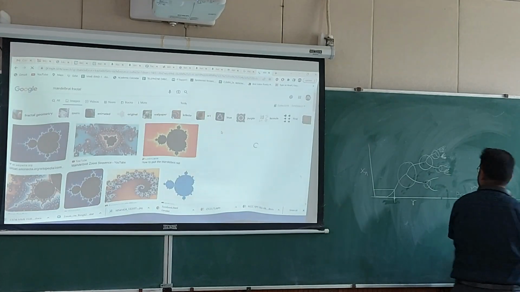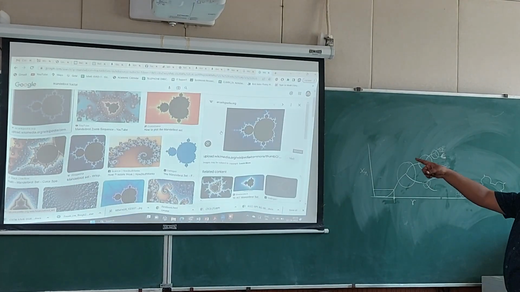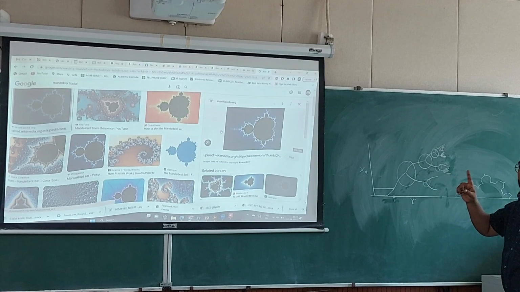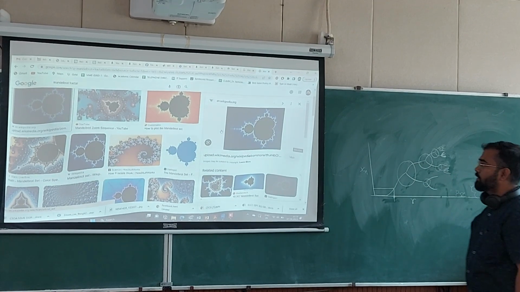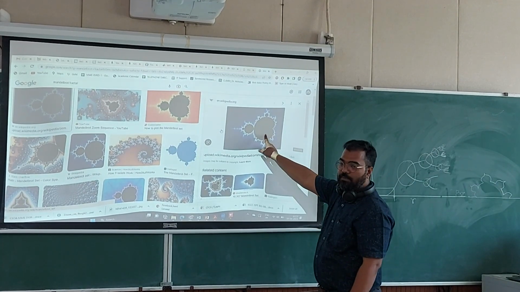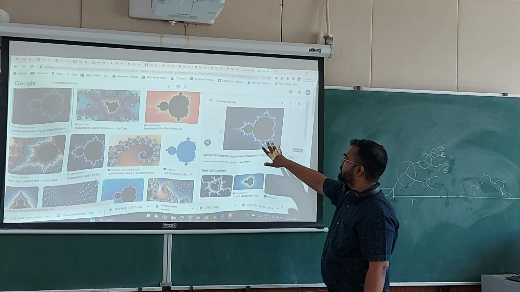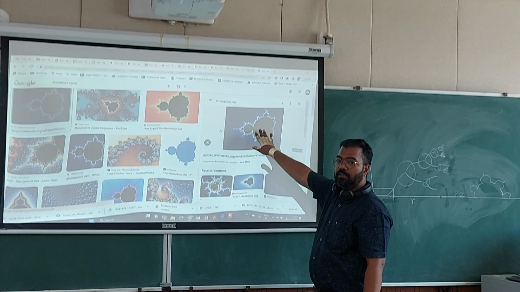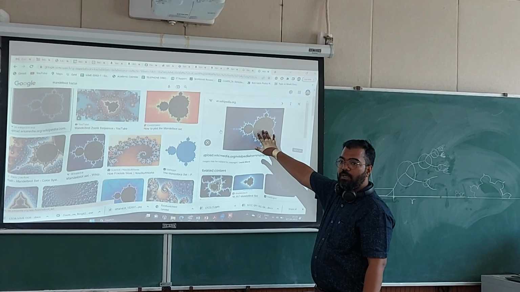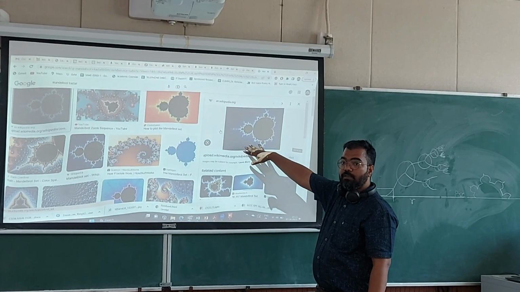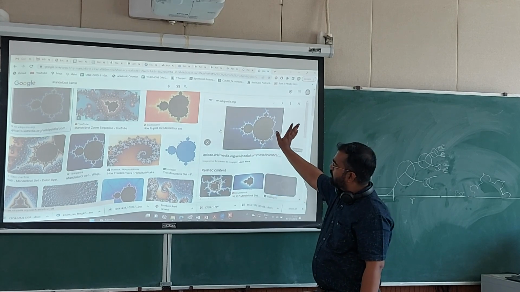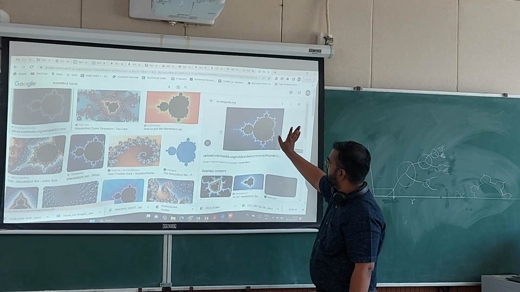Can you see the picture? I was trying to draw that and I have failed to draw it. This diagram. Okay? And this diagram tells that any point within this will not be chaotic, any point beyond this will be chaotic, but I'm not too sure about it now.